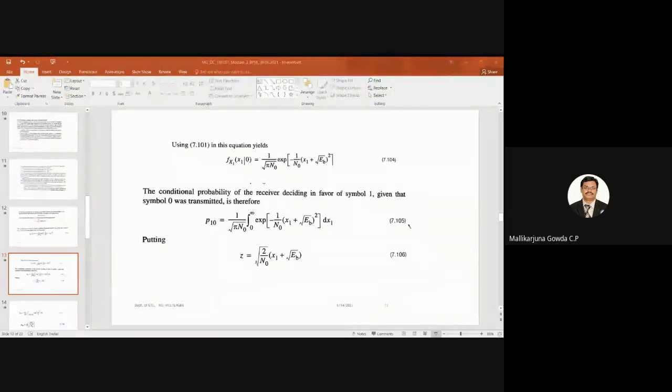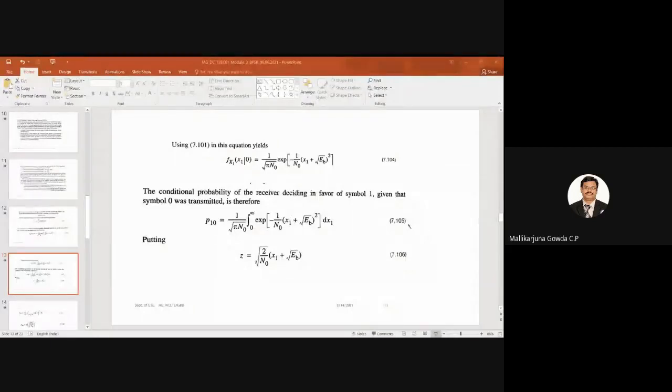Fine. Then the conditional probability of the receiver deciding in favor of symbol 1, given that symbol 0 was transmitted, we denote as P10.